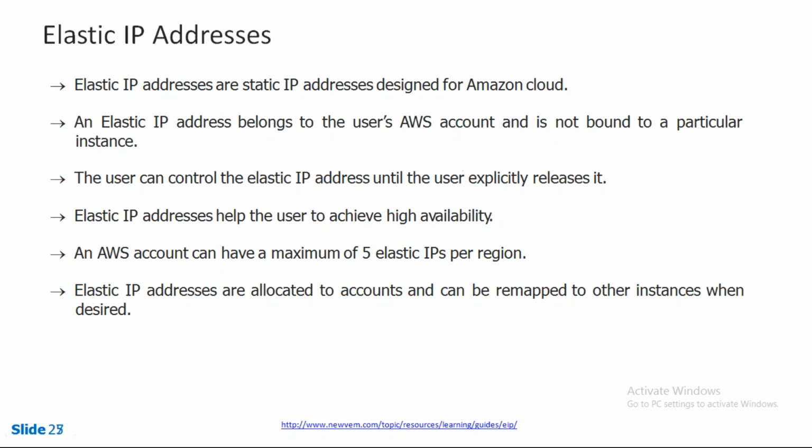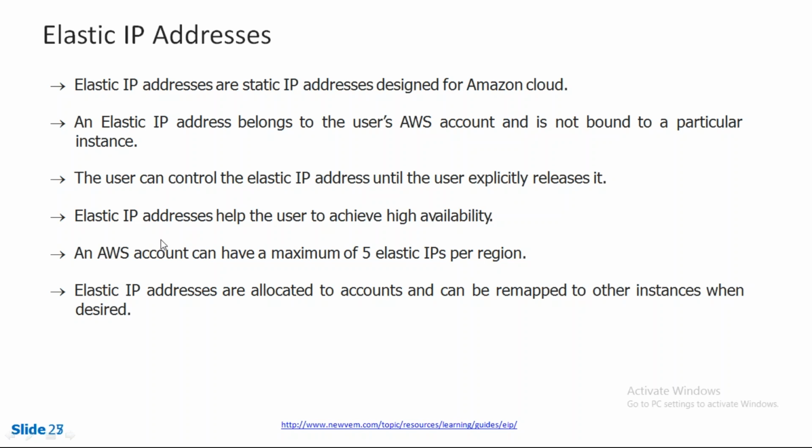So elastic IP addresses are static IP addresses designed for Amazon Cloud. An elastic IP address belongs to the user AWS account and is not bound to a particular instance. It is not related to any instance, but it is related to your account. The user can control the elastic IP addresses until the user explicitly releases it. You must release it whenever you are not using it.